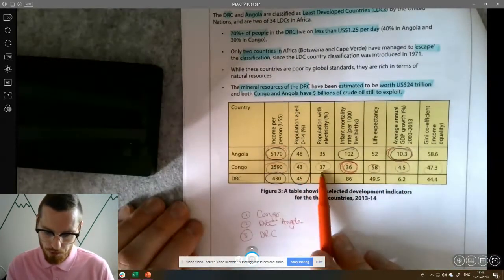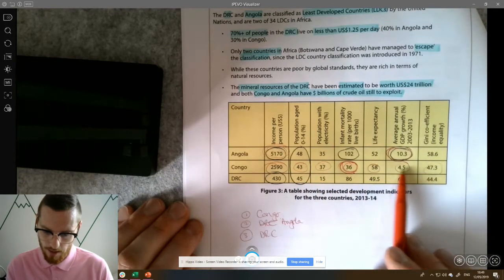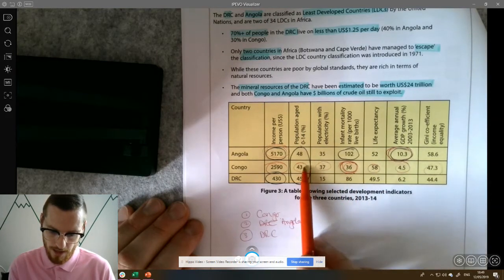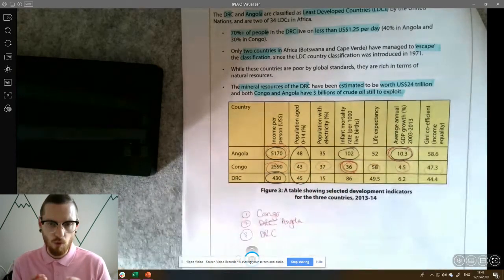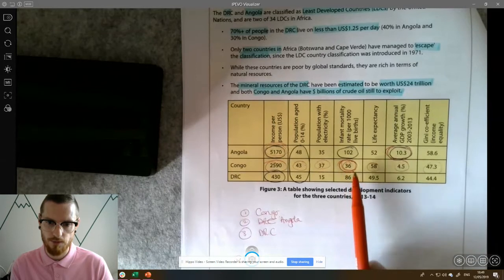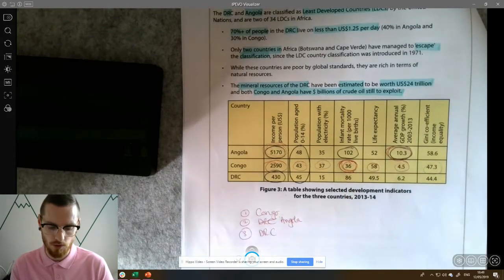I would also point out that it's not as extreme, but the fact that it has a less youthful population, and more electricity. I think overall the trend there, especially using that extreme of infant mortality, is major in terms of differences between Angola and the DRC in supporting a more developed country.